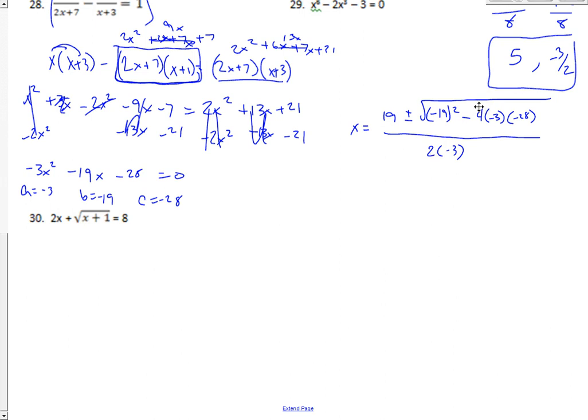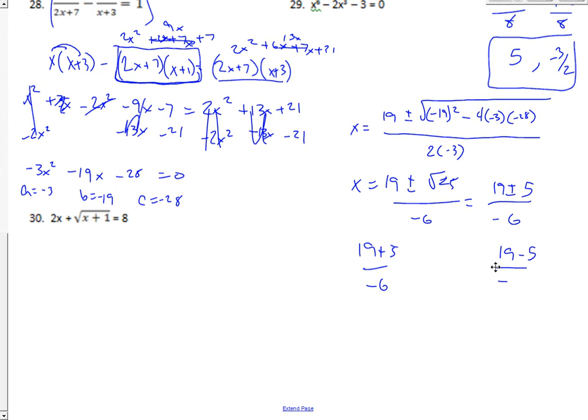When I simplify underneath the radical, I get 25. So x equals 19 plus or minus the square root of 25 over negative 6. Square root of 25 is 5, so 19 plus or minus 5 over negative 6. So I'm going to get 19 plus 5 over negative 6, and 19 minus 5 over negative 6.